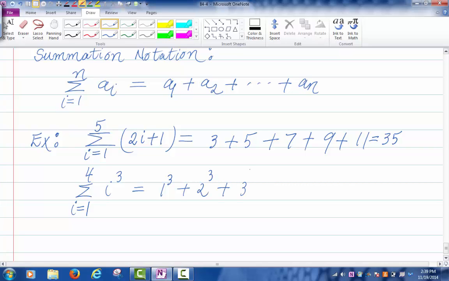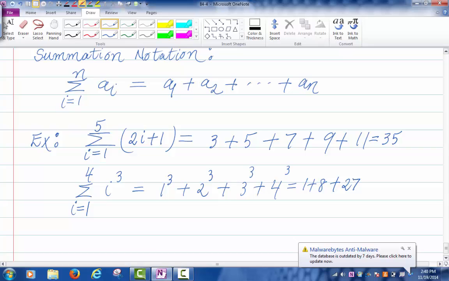When i is 3, I get 3 cubed. When i is 4, I get 4 cubed. And this is what? 1 plus 8 plus, what is that? 27? And what is 4 cubed? And altogether, what do I have? 100? Everybody's okay?